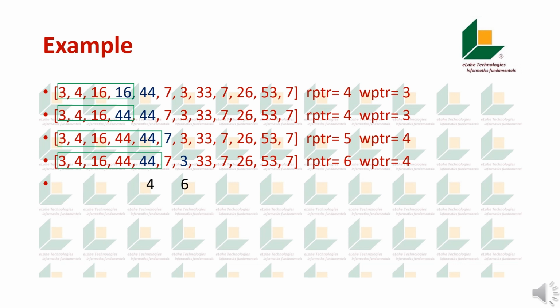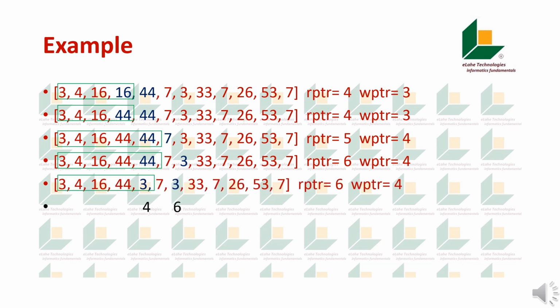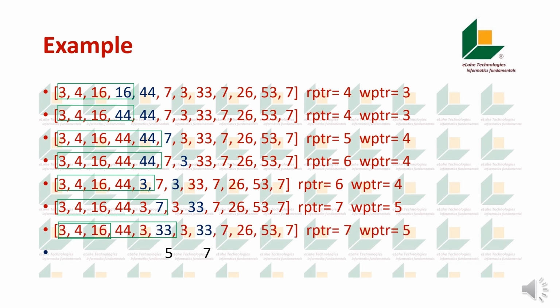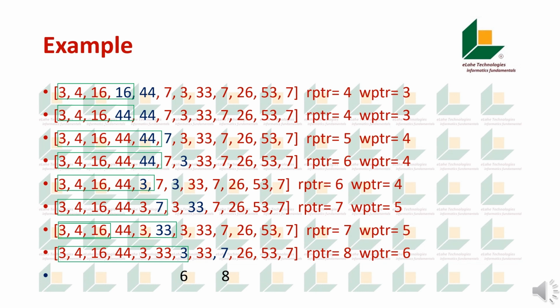Hence rptr is incremented but wptr is not. Next, 3 is written into location A4. Then, rptr and wptr are incremented. Now, 33 is written in location 5. Both rptr and wptr are incremented.